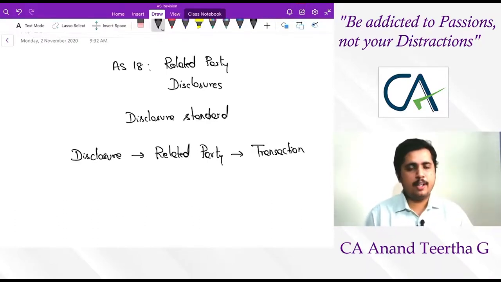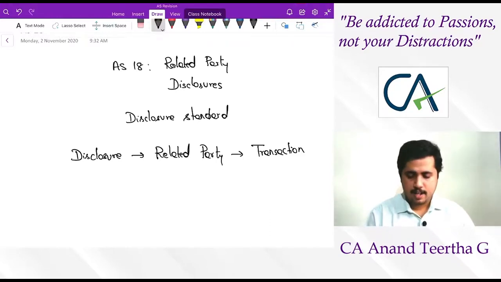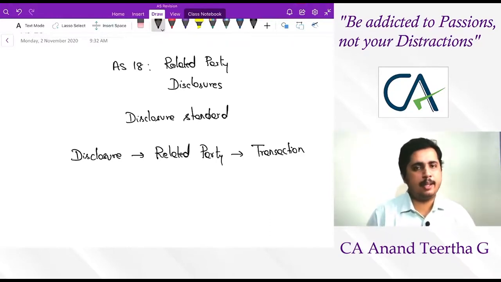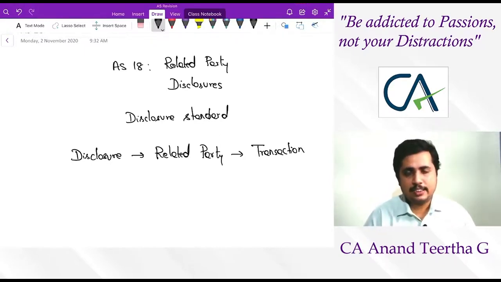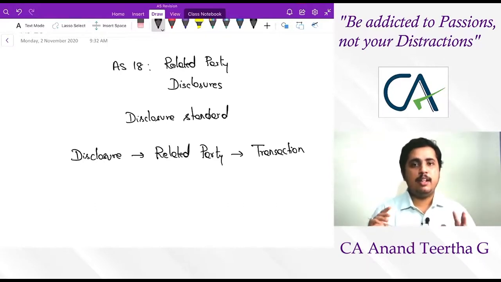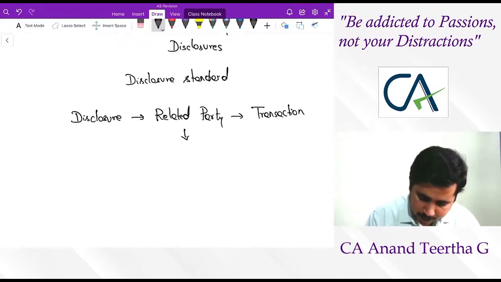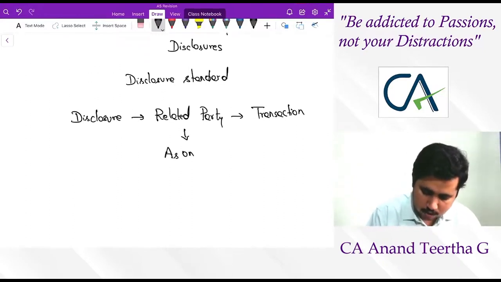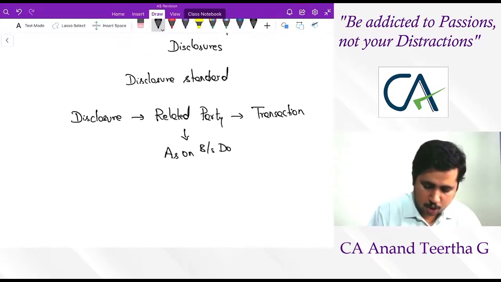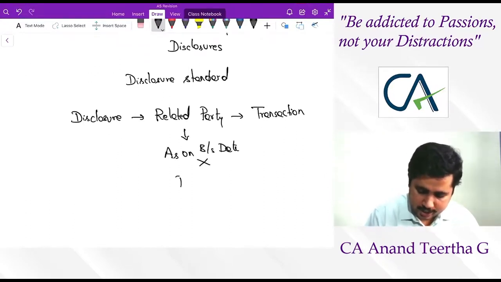First, for a period, who were the related parties? Then what are the transactions involved with them? Okay, so when there was a related party relationship, if any transactions is entered, that has to be set. Now the point is whether these related parties should be related party as on balance sheet date. No, it need not be. During the year is enough.